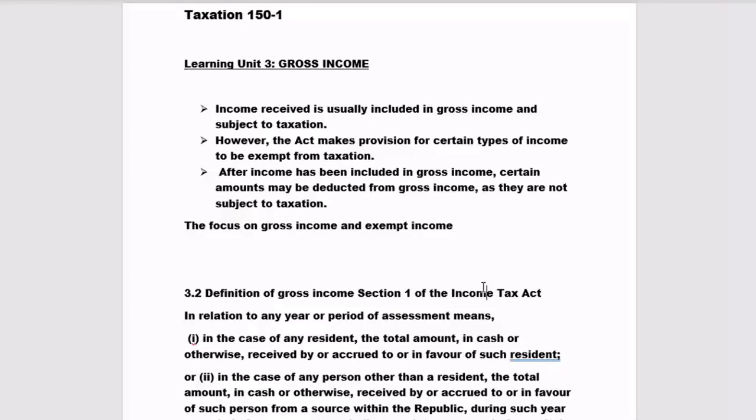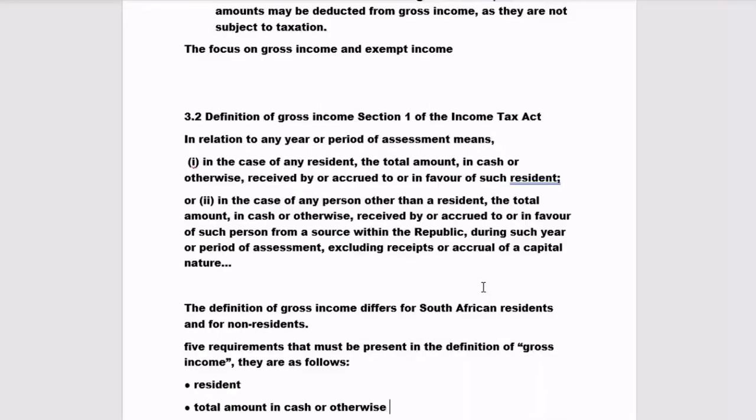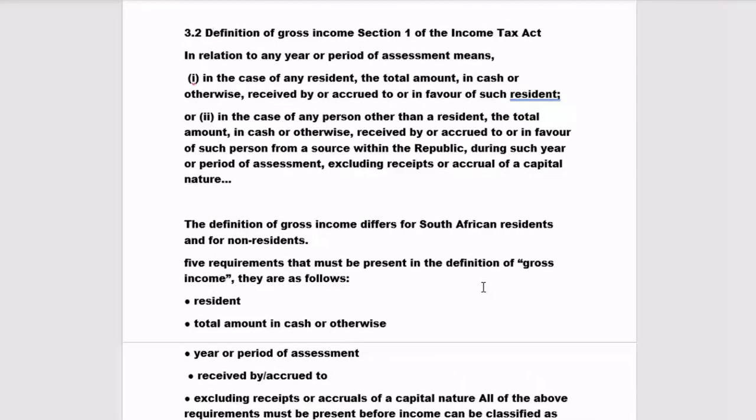Okay, good. Let's have a look at the definition of gross income in accordance with Section 1 of the Income Tax Act. It says that in relation to any year or period of assessment, in the case of any resident, it means the total amount in cash or otherwise received by or accrued to or in favour of such resident.